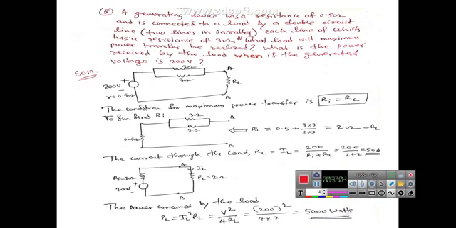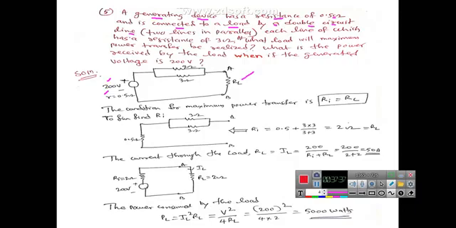Now consider another example. A generating device has a resistance of 0.5 ohm. So this voltage source is nothing but a generating device, having an internal resistance of 0.5 ohm, and is connected to a load by a double circuit line, that means two lines in parallel.